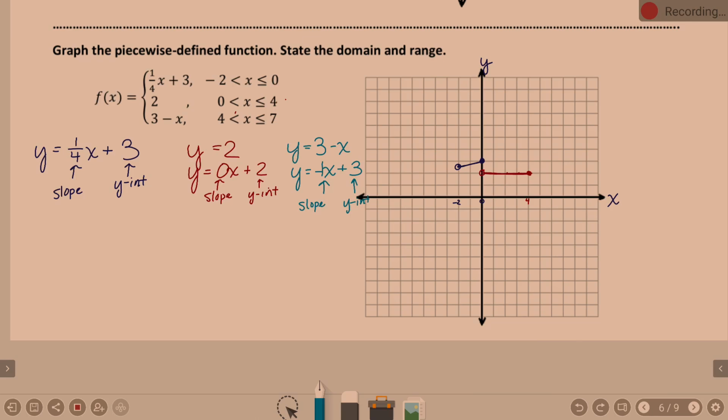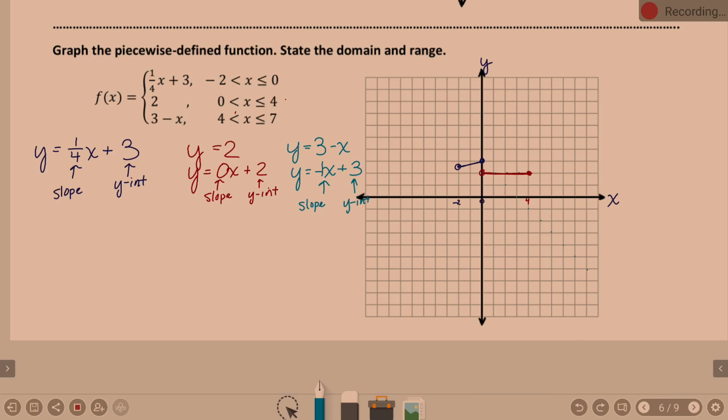It's right there where I already have a point. Slope of negative 1. Have we done this a couple of times today? Down 1, right 1, and so on and so forth. Where do I need this? 4 and 7.